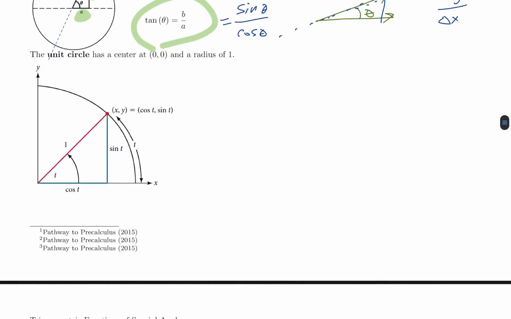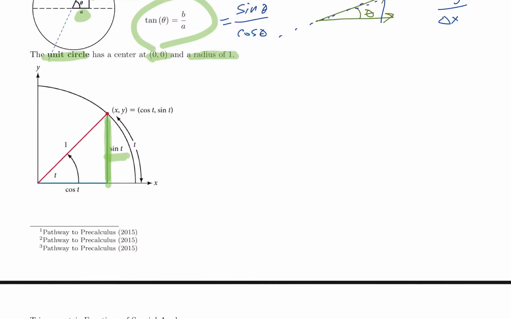So on the unit circle, it means that we have a center at 0, 0 and a radius of 1. Which is why, as we saw earlier, the vertical distance is sine theta, sine of angle t divided by 1. But dividing by 1 does not change the quantity, so we just write sine of t.